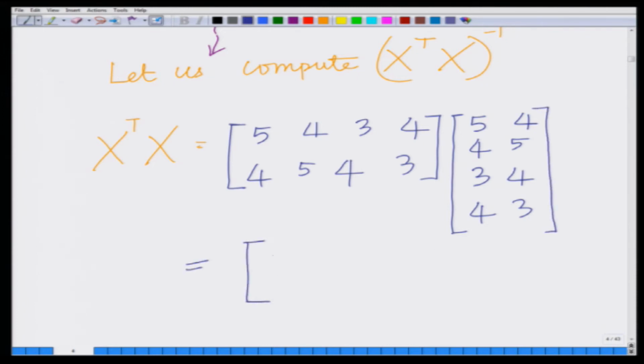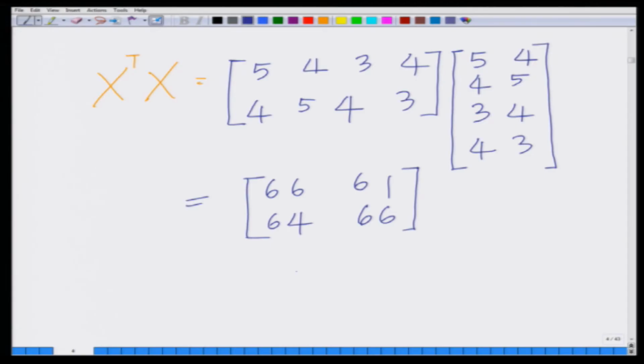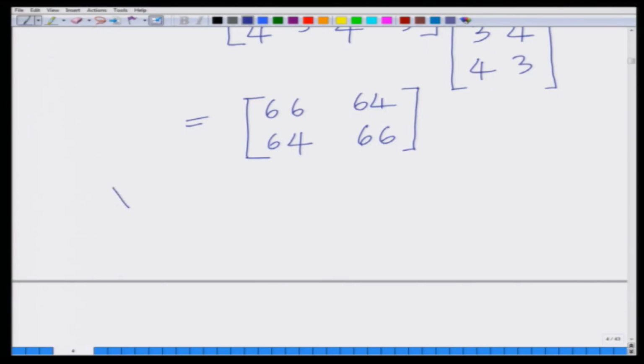This is equal to, you can simplify, 66, 64. This is a 2 cross 2 matrix. Note that this is basically your m cross m matrix, 66, 60. I am sorry, this is 64, 64, 66.